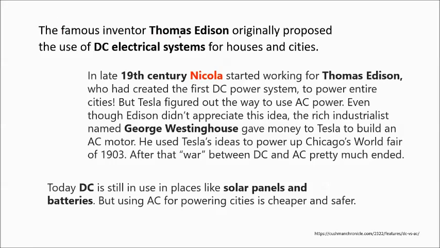So, a little history. The famous inventor, Thomas Edison, originally proposed the use of DC electrical systems for houses and cities. This was the proposal of Thomas Edison, that DC would be used. In the late 19th century, Nikola Tesla started to work with Thomas Edison, who had created the first DC power system, to power entire cities.